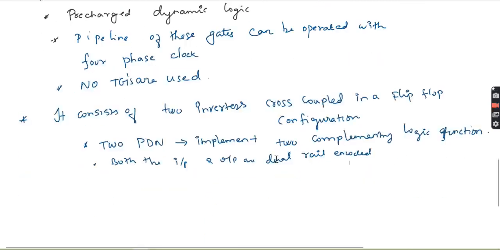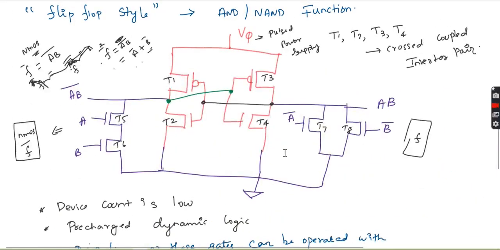Now how will the operation go? Let us see the operation. The gate will work as follows. Assume that the load capacitance, which represents the input of other gates and the wiring capacitance, and the supply or clock lines are initially 0 volt.